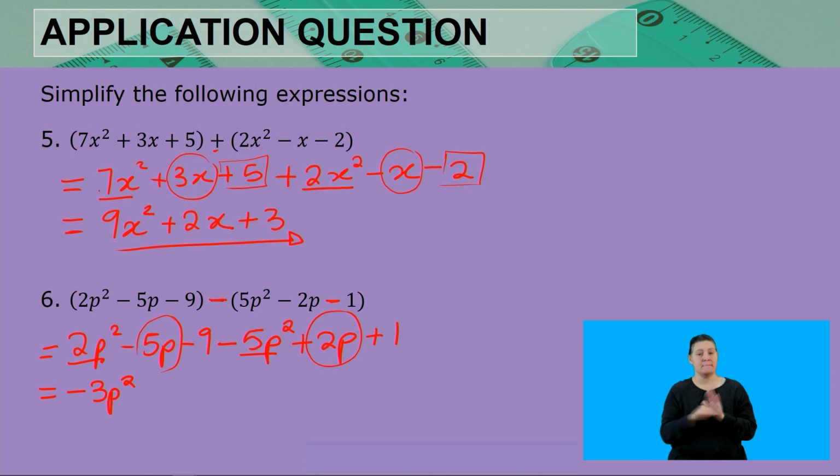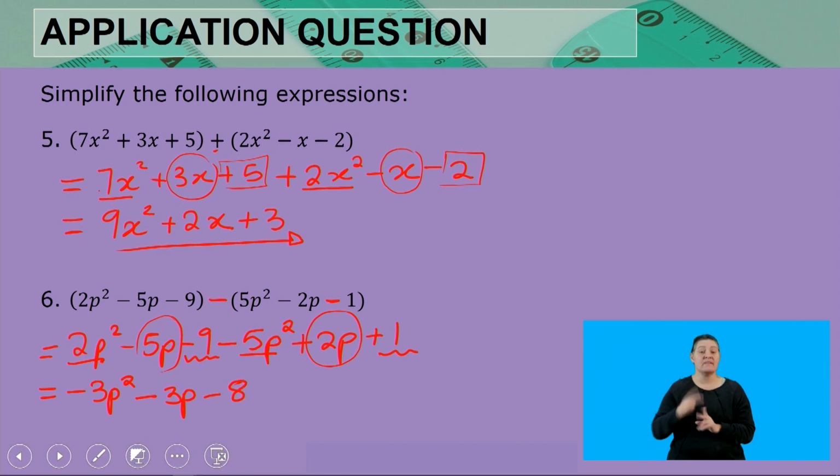So minus 5p plus 2p gives us a minus 3p. And lastly, we have there the 9 and the 1. So minus 9 plus 1 is a minus 8. And the final answer there is negative 3p squared minus 3p minus 8.